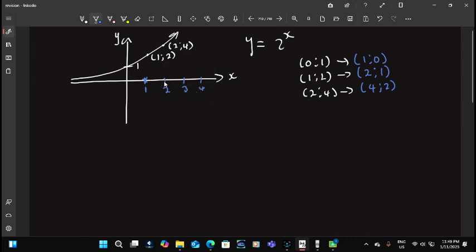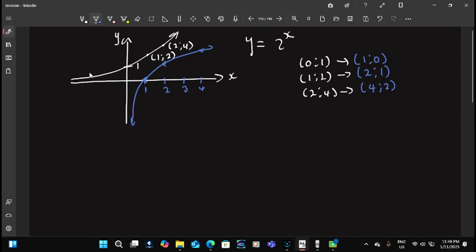So 2 mapped to 1 is somewhere here, and 4 mapped to 2 somewhere there. And then it goes something like this. Can you see? The asymptote changed from being x to being y, so it will go somewhere like this.